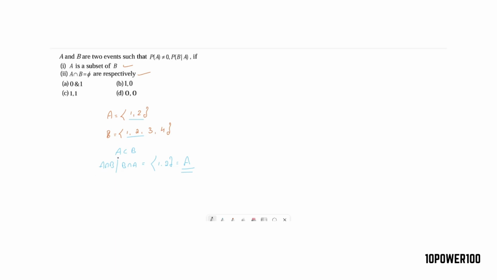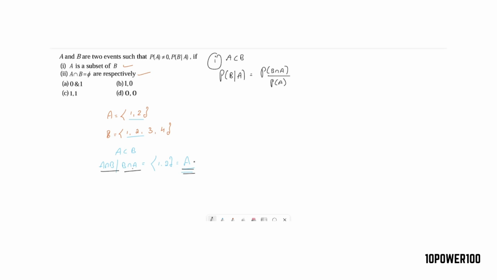So when A is a subset of B, then A intersection B or B intersection A becomes set A itself. So P of B given that A is equal to, we all know, P of B intersection A divided by P of A. Now, since A is a subset of B, we are doing the first condition here. If A is a subset of B, what is B intersection A?